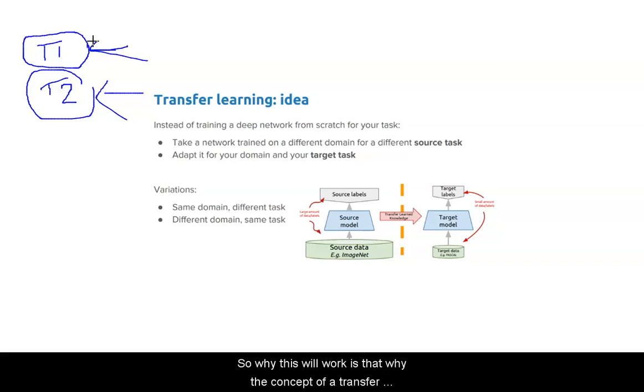Why the concept of transfer learning will work in this case of a computer vision task is that certain low-level features such as edges, shapes, corners, and intensity can be easily shared across different tasks and thus enable knowledge transfer among the different tasks.